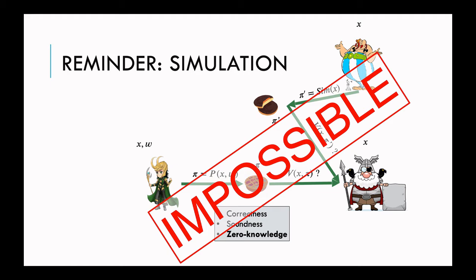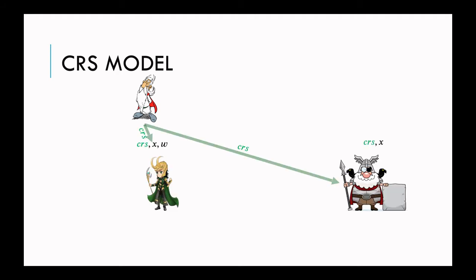To make it possible, we have to give the simulator some extra power, and the most standard way of doing it is to assume that the simulator knows something that the prover does not. Let's say the prover only knows a public key, but the simulator knows the corresponding secret key. This is usually formalized as the common reference string model, the CRS model, where there is an honest, trusted third party who is trusted to generate a CRS, kind of a public key, and send it to both prover and verifier.